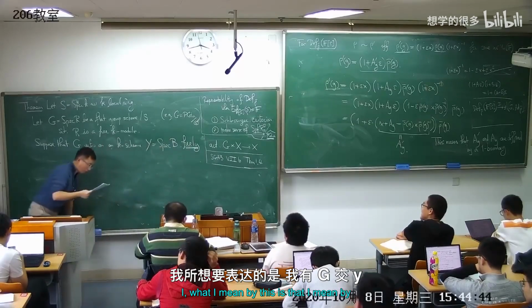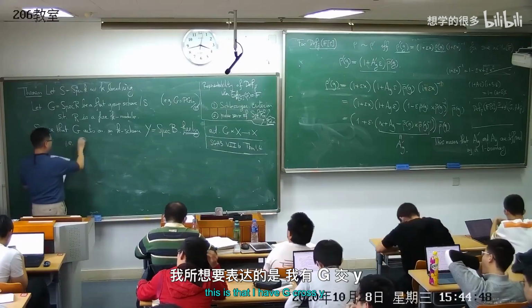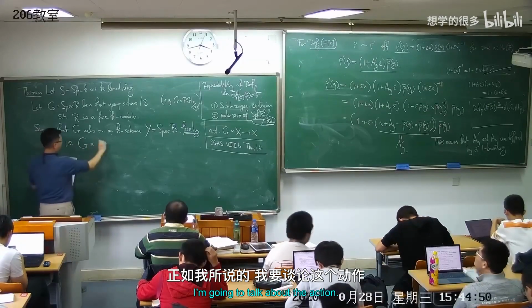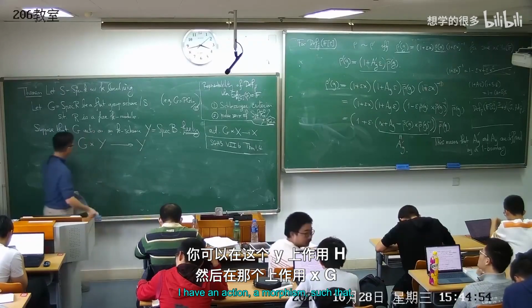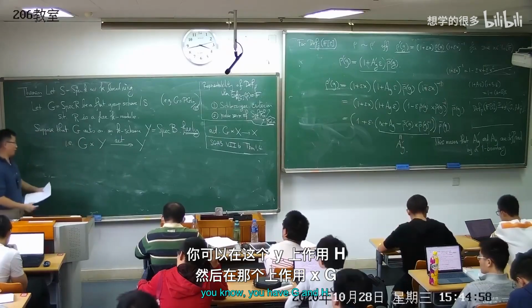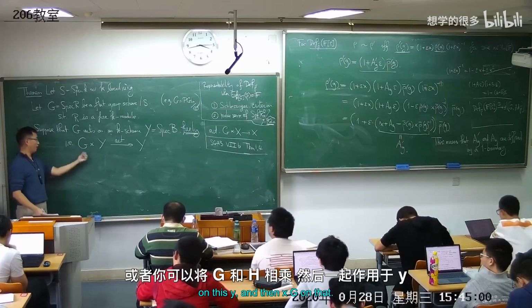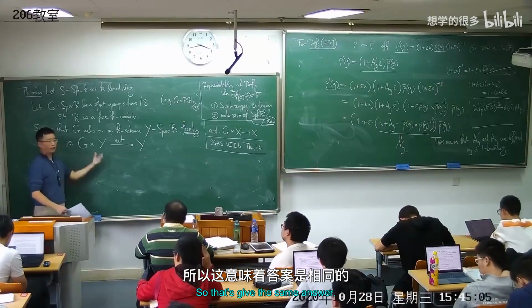What I mean by this is that I have G cross Y. As I said, I'm going to talk about the action. I have an action, a morphism, such that, of course, if you have G and H, you can act H on Y and then act G on that, or you can multiply G and H and then act on Y altogether. So that gives you the same answer.